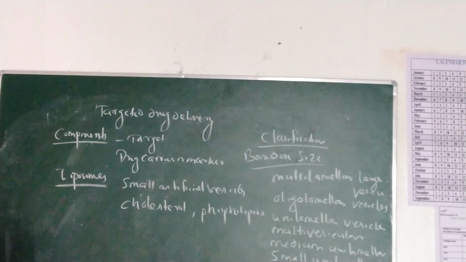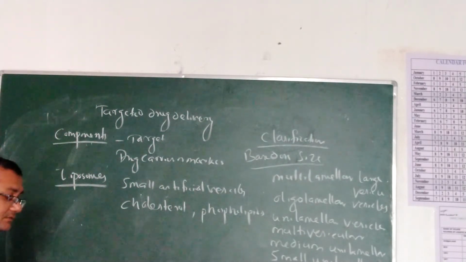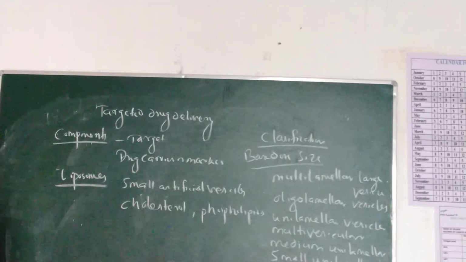There is also a general method of preparation of liposomes, and a flow chart is given. First of all, the lipid is dissolved in organic solvent using a co-solvent. Then the organic solvent is removed by vacuum.